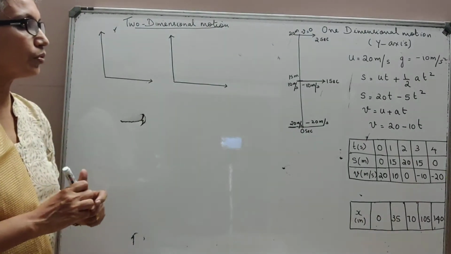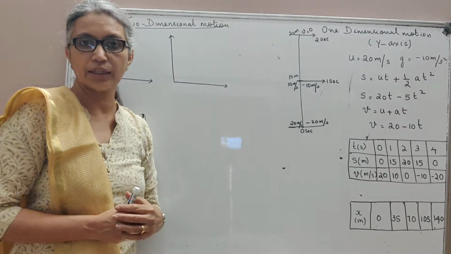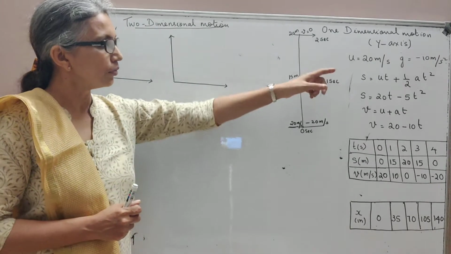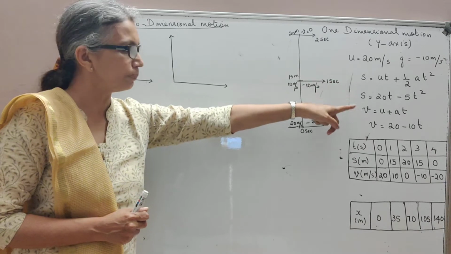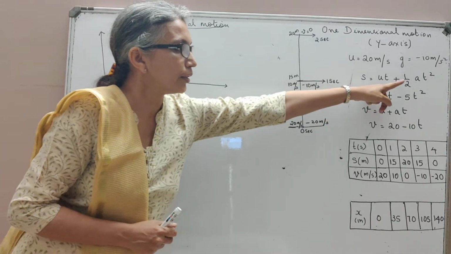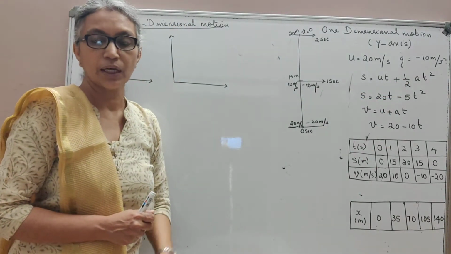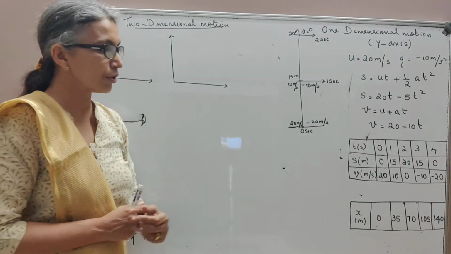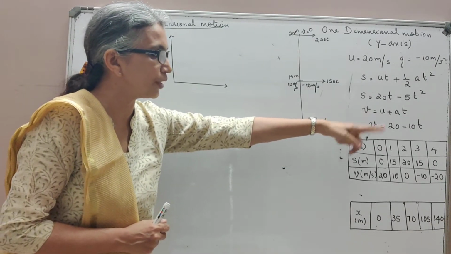To find out the displacement of the body at different intervals of time, we will be using the formula S equal to ut plus half at square. So S is equal to 20t, and if I put a as minus 10, I'll have minus 5t square. If you want to find the velocity at different intervals, we can use the formula V equal to u plus at.